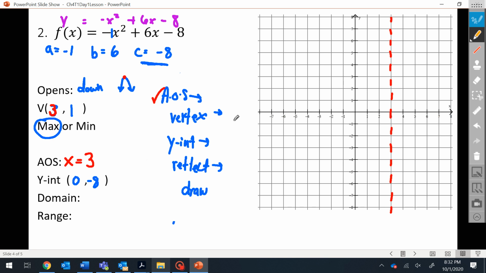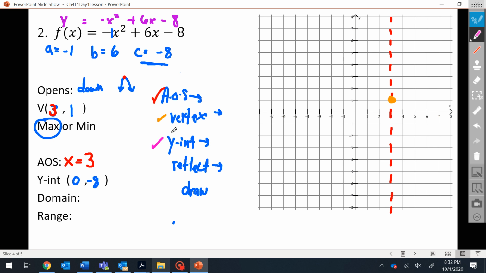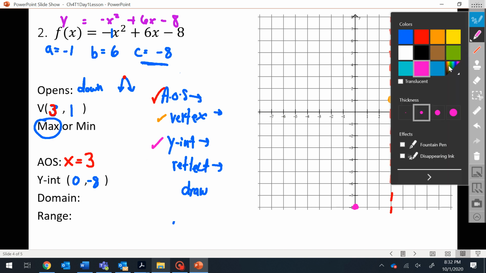So the vertex is at 3, 1, that's right here. Check. It's the ordered pair 3, 1. Next, I will do the y-intercept, which is at 0, -8, so that's right here. So I put the y-intercept, 0, -8. All right, check.